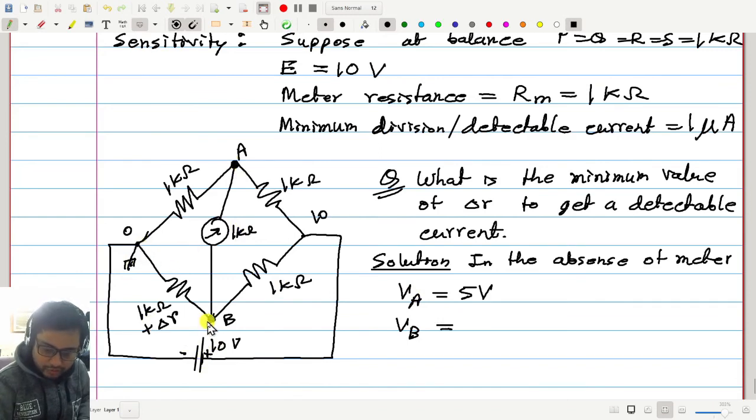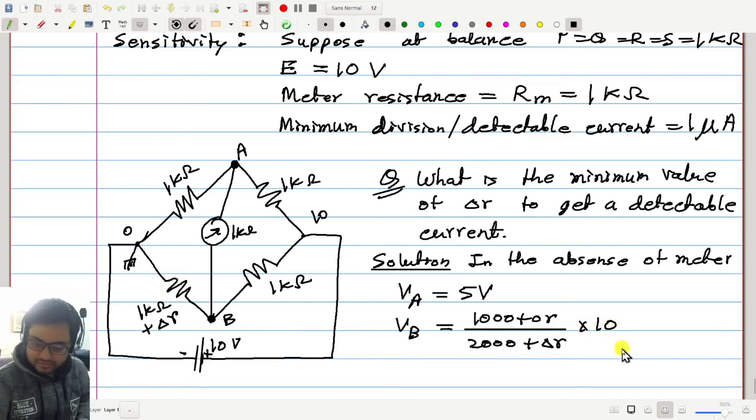Now VB, that will be this potential, 1000 ohm plus delta R divided by this plus this, so 2000 plus delta R, multiplied by 10. Potential divider rule, simply. Okay.